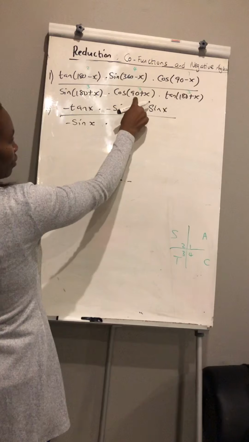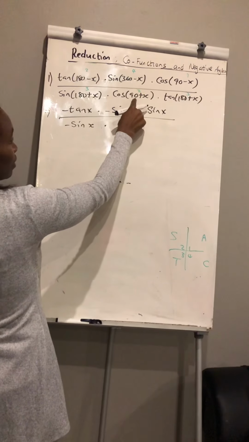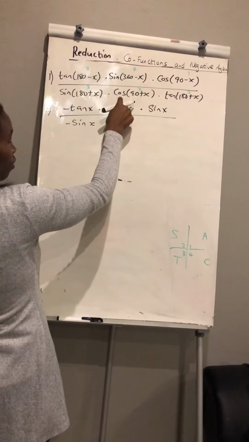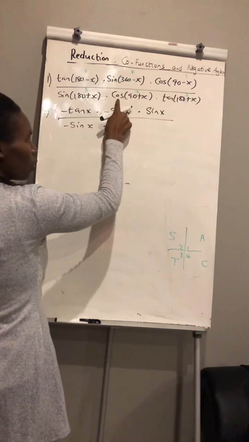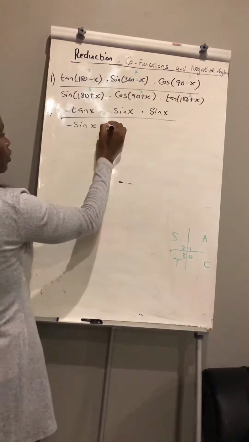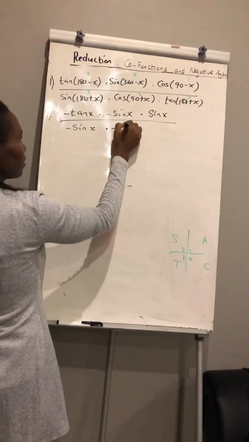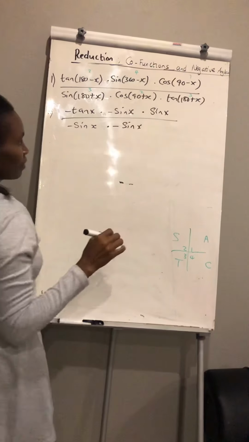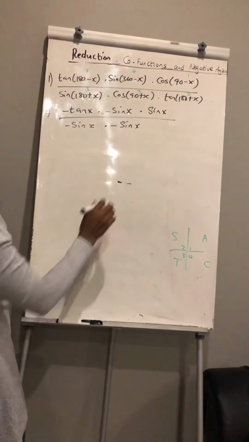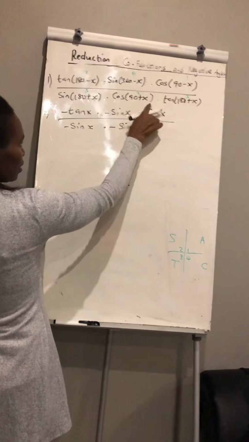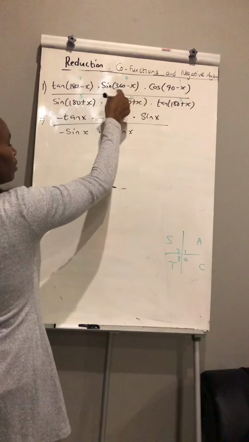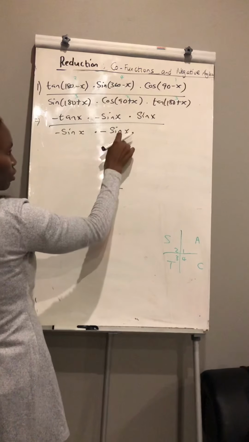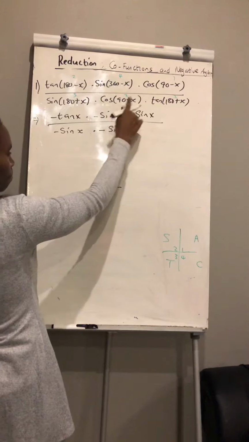I think you're noticing there's 90 here, and since it's 90, it will change to its cofunction, which is sine, and because in the second quadrant cosine is negative, it will change it to minus sine x. Please pick that up, because cosine is negative in the second quadrant. When it changes, it will be negative. Instead of negative cos, it will be negative sine because of 90.